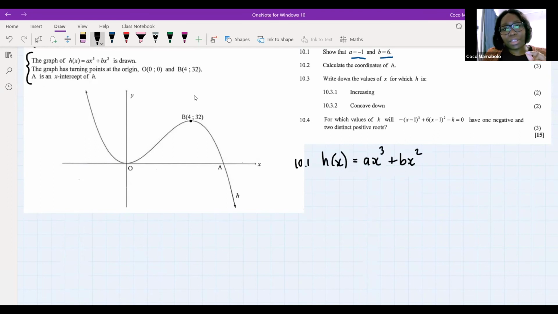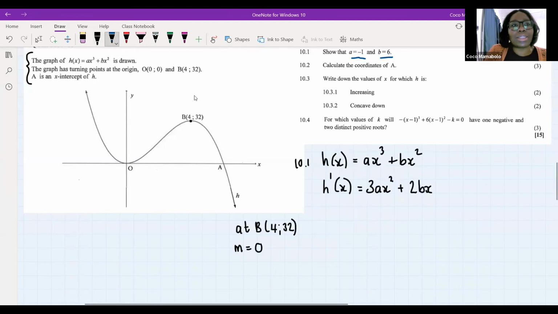Now, if I find the derivative of this, I'm going to do the normal thing that we do: 3ax squared plus 2bx. That is my derivative. And I know that at the point B, which is (4; 32), my derivative or my gradient should be equal to 0.